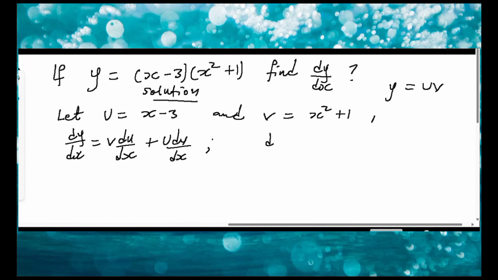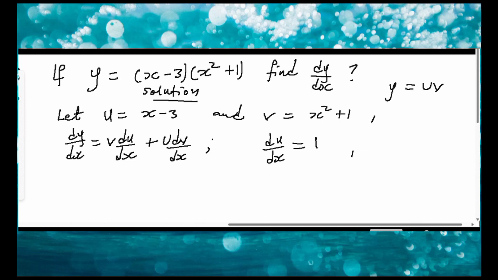So du/dx: u is equal to x minus 3, so to differentiate u with respect to x, you're just going to get 1. You can all see that, right? Please, if you have challenge doing this differentiation, watch the previous video to get a better understanding before you come back to this one.